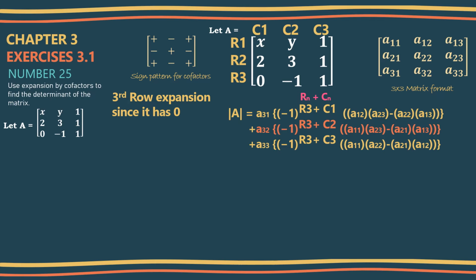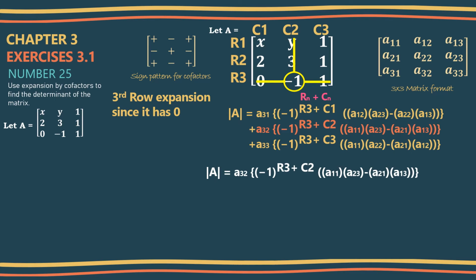Next, we proceed to the second element of the third row, which is the negative 1. We eliminate or cancel its aligned horizontal and vertical elements of negative 1. And then, we use the formula and then substitute the given values.